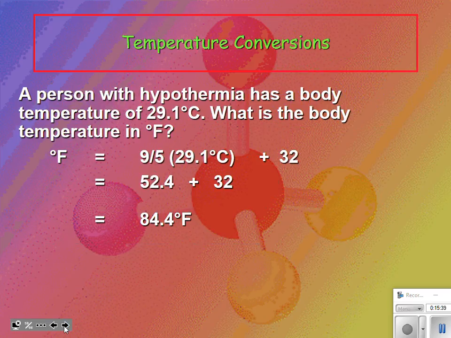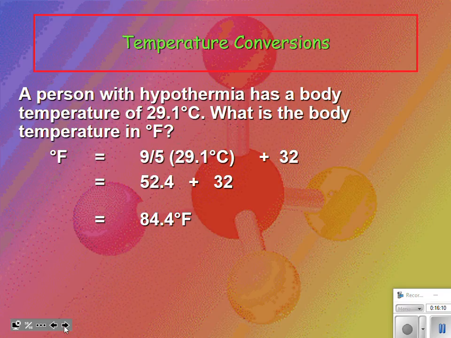Now here's a temperature conversion. It says a person with hypothermia has a body temperature of 29.1 degrees Celsius. What is that in Fahrenheit? Well, you take 9/5, which is 1.8, multiply that by 22.9, and add 32 to it. So you should get 52.4 plus 32.